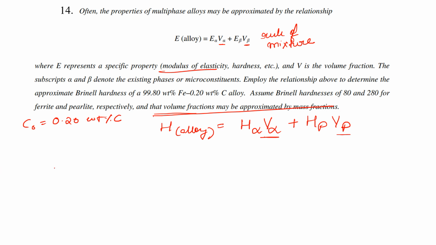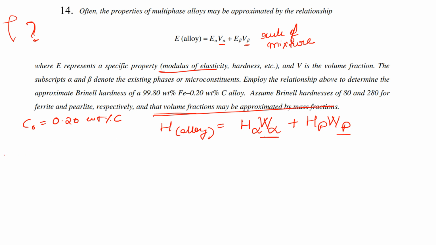So we don't have sufficient information because volume fraction conversion also requires the density, and we don't know the density. So we assume that this should be a mass fraction correlation, because otherwise conversion of mass to volume would require the density, which we have not been provided in this case.